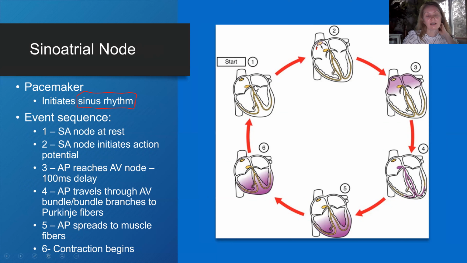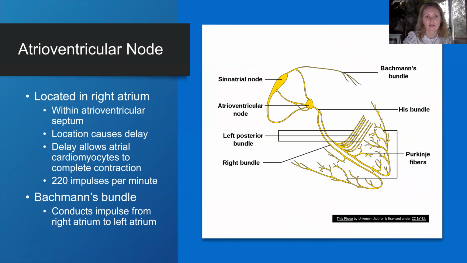And then we have the AV bundle, a bundle between atria and ventricle, then bundle branches and Purkinje fibers, and then the action potential spreads to the whole muscle fibers, and contraction begins. The AV bundle is between atria and ventricle, and bundle branches are within the interventricular septum, and then the electrical impulse goes to the rest of the heart.